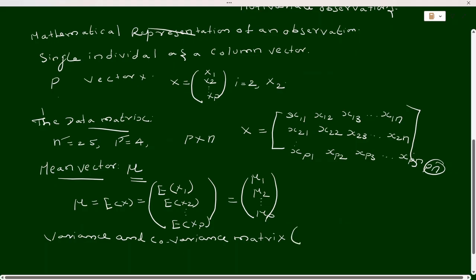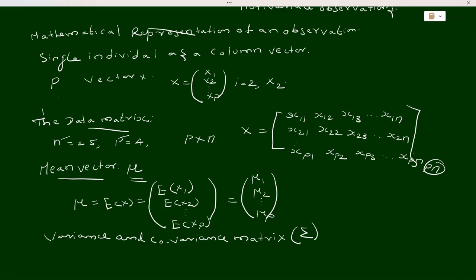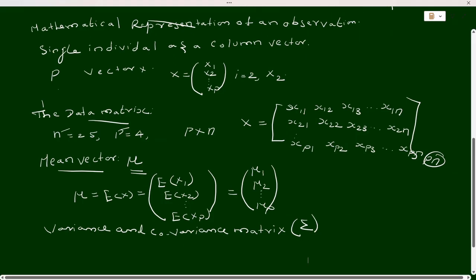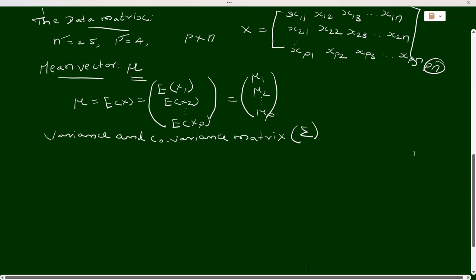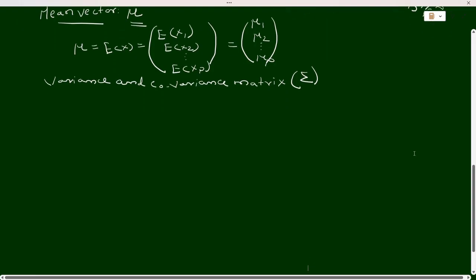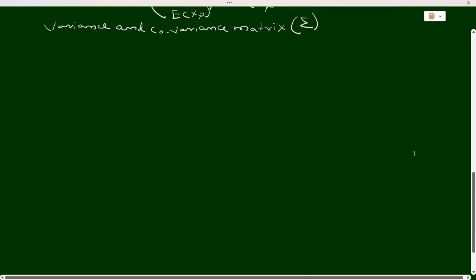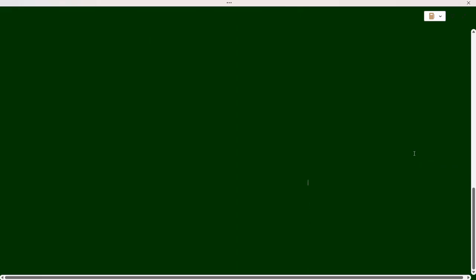Actually, it is represented as capital sigma. The variance and covariance matrix plays the major role in computation of all multivariate data.